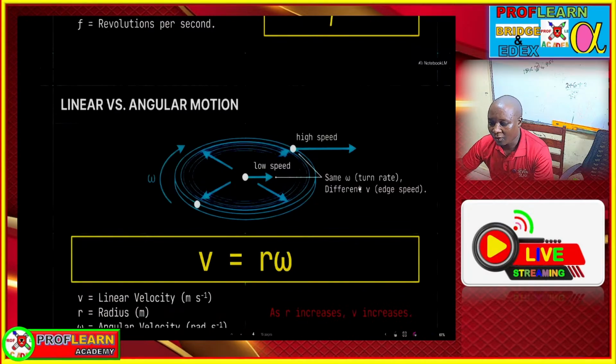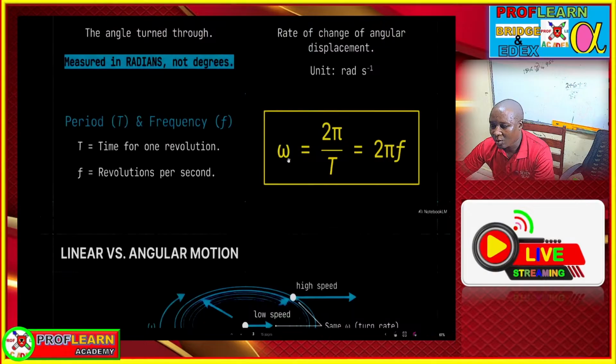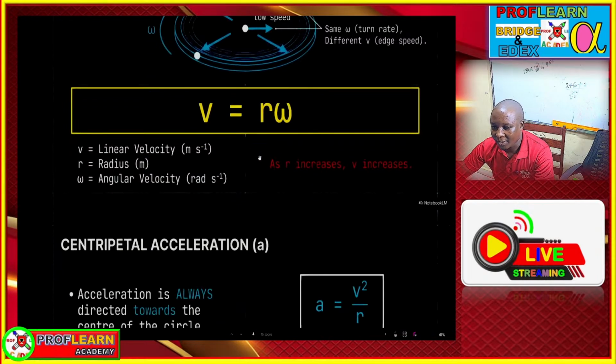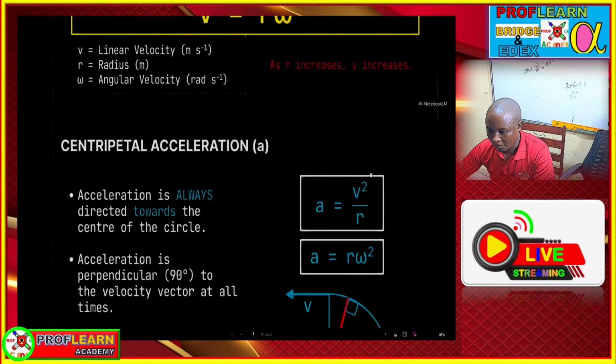The formula that connects the linear speed and the angular velocity is v equals r times omega, whereby omega is angular speed, which is 2 pi over T or 2 pi f, and r is the radius of that particular circular path. And also we need to understand that as r increases, v also increases. So we can say v and r are directly proportional.